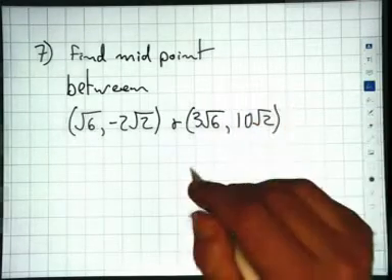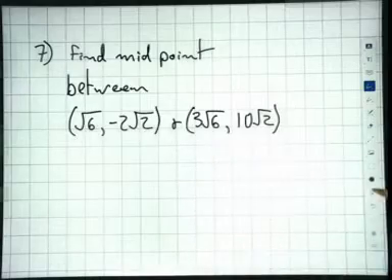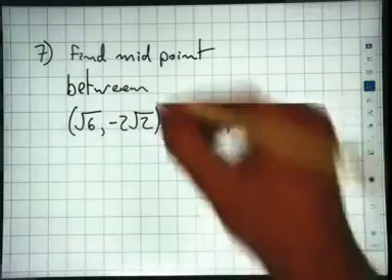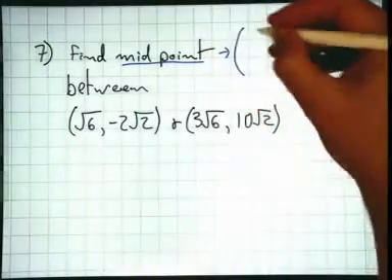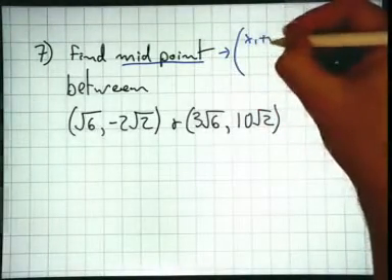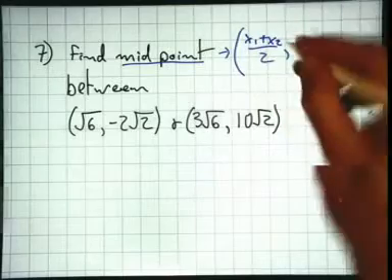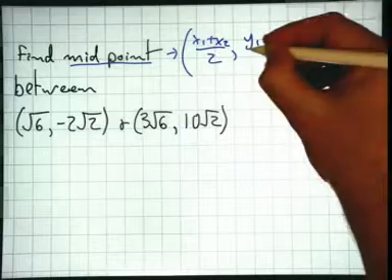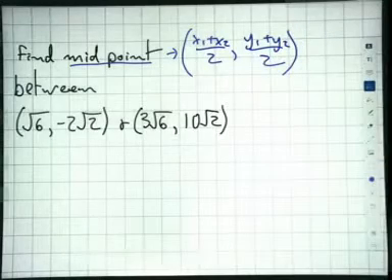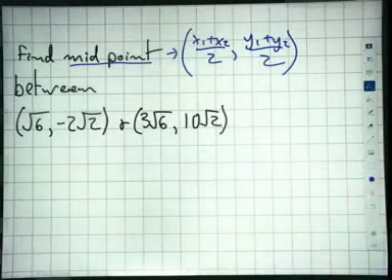Alright, so the midpoint. You have the midpoint formula. Again, this is something that you have to know. x1 plus x2 over 2, comma, y1 plus y2 over 2. There is our midpoint formula.